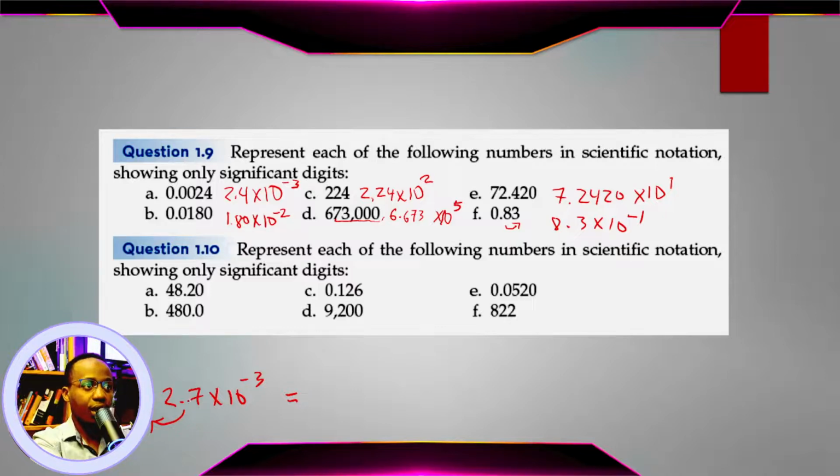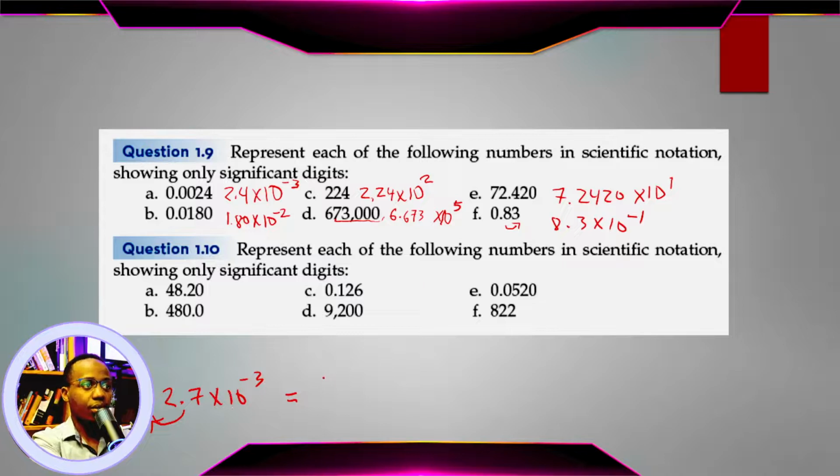And 3 is the number of times that you jump. You're going to go 3 times, 1, 2, 3. So you know that you're going to go 0, 0, 0. So 0.0027.